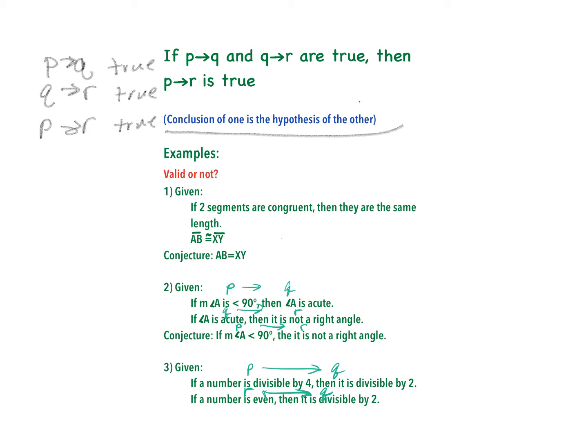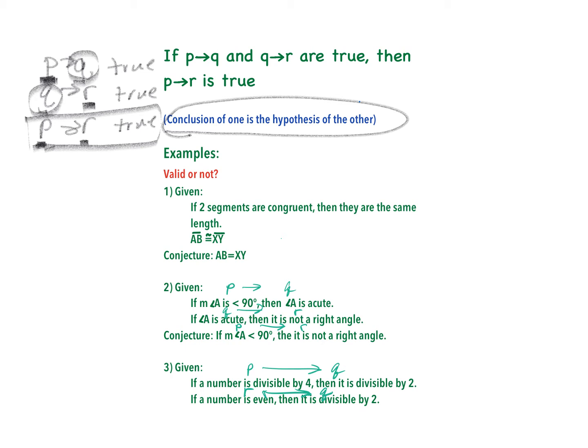The requirement for syllogism is that the conclusion of one is the hypothesis of the other. So see here where I have P is my hypothesis and R is the conclusion. If you'll notice in the last final statement, we have that same thing. P is the hypothesis, R is the conclusion. And Q here was the conclusion of the first one, and it's the hypothesis of the second one. So those are the requirements.